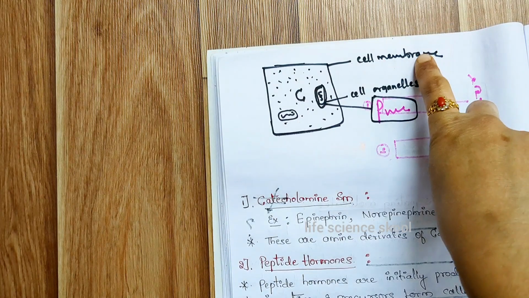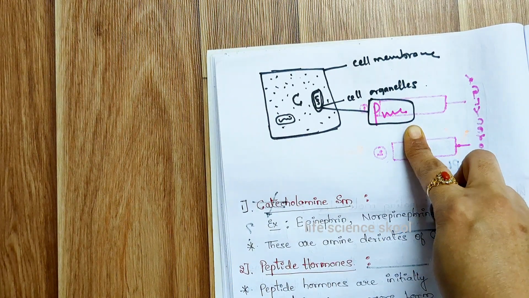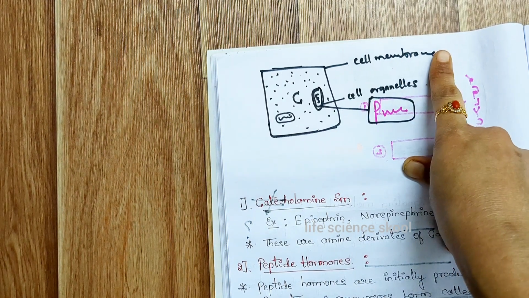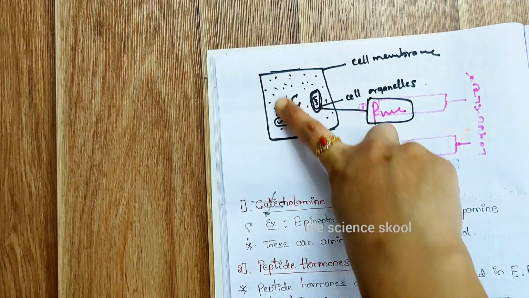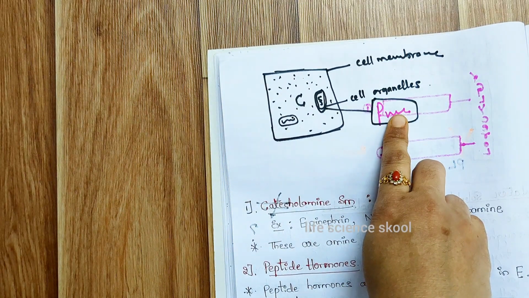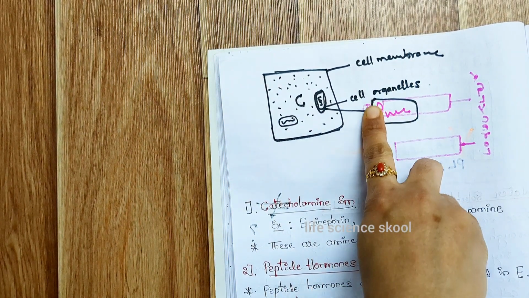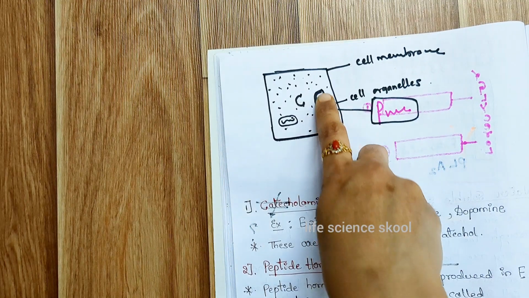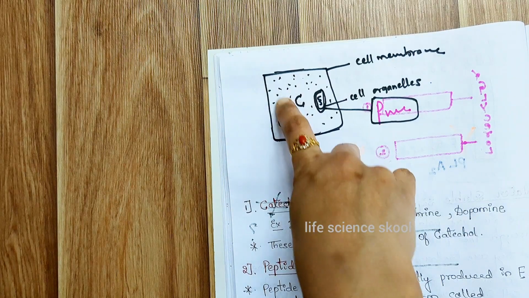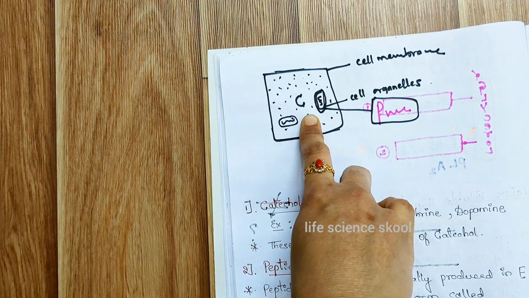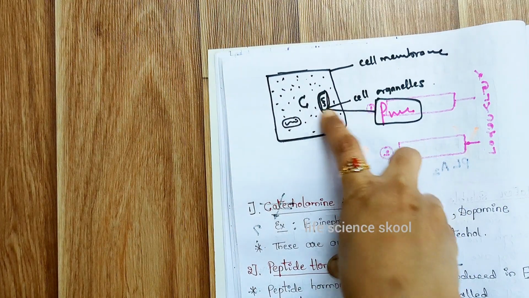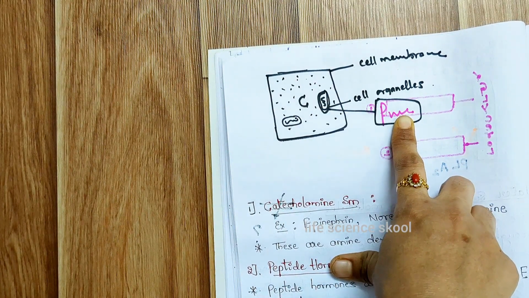So how can we differentiate cell membrane and plasma membrane? The cell membrane is a semi permeable membrane that surrounds the cytoplasm of a cell. The plasma membrane is also a semi permeable barrier that surrounds the cellular components, the cell organelles, protecting them.